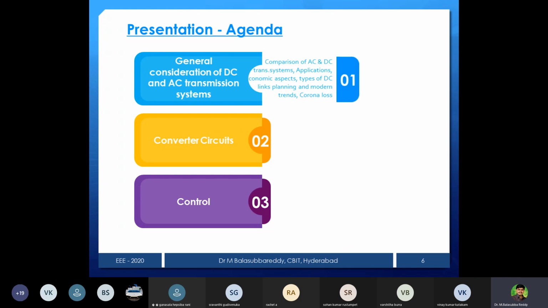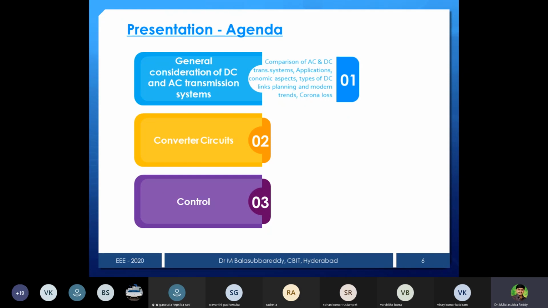There are problems of AC interconnection. One major issue in the case of AC transmission in a power system is the AC tie line. Suppose I want to synchronize two sources. We need to consider that the frequency must be matched and the voltage must be matched.